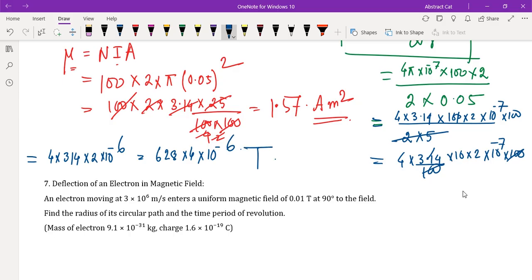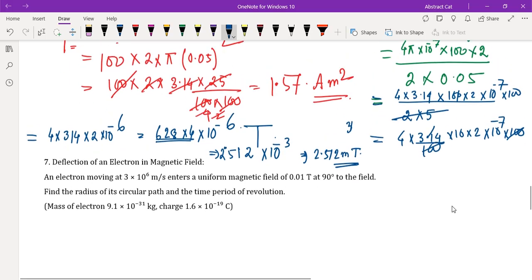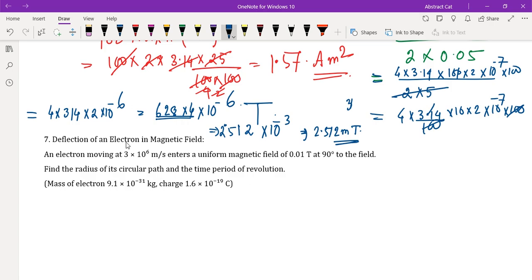Okay, and the number you get, if I multiply 4 by 2 is 8, 4 times 8 is 32, carry 3, and so on, you get 2512. If I shift the point here into 10 to the power minus 3, I get 2.512 millitesla.